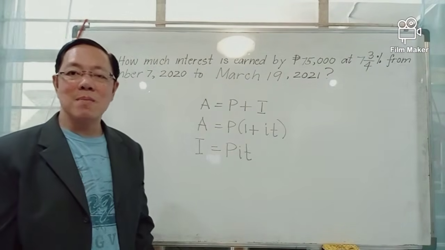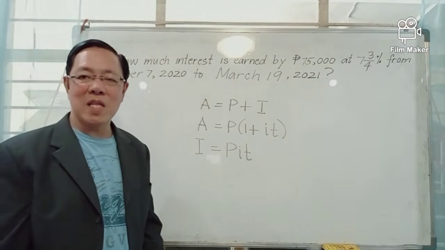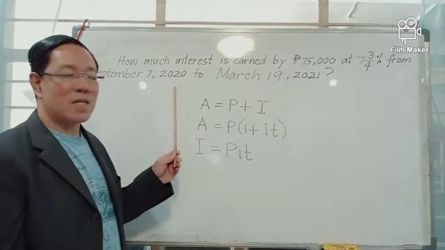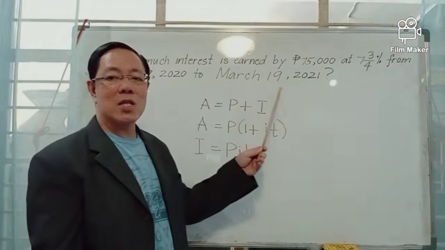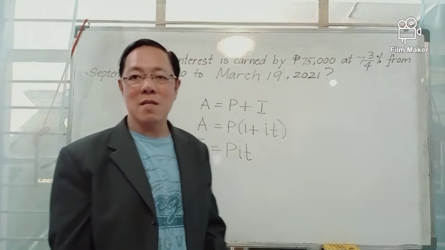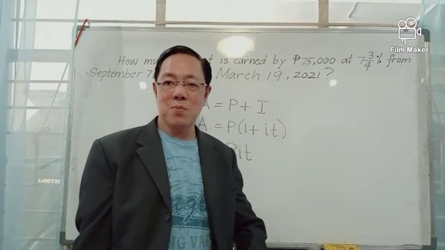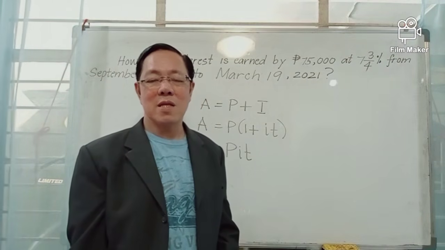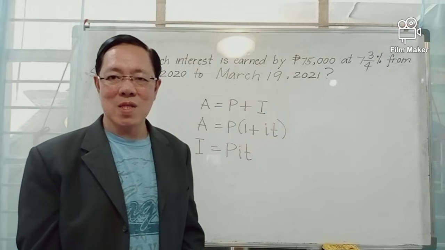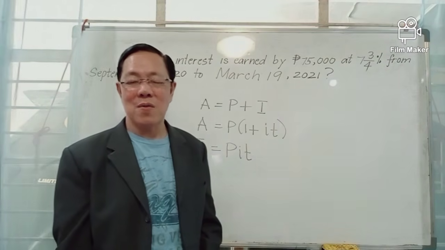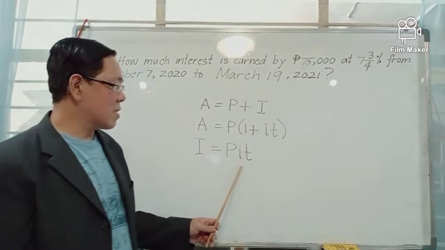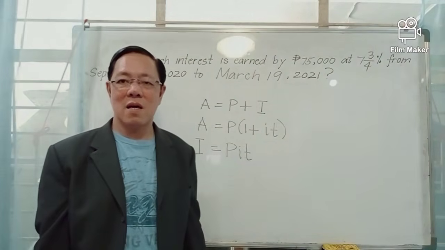For this problem, you find the approximate number of days from September 7, 2020 to March 19, 2021 by assuming 30 days for each month of the year and 360 days in 1 year. Then you compute the approximate amount of interest using the formula I equals PIT, where T is the approximate time.